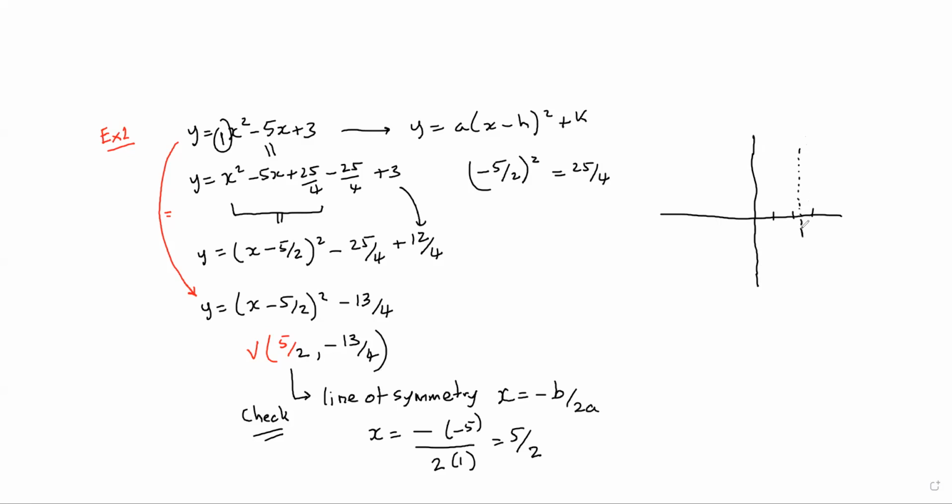So you'll get a line of symmetry here, which is x equals 5 on 2. And the y value of the vertex is minus 13 on 4. That's 12 and a quarter minus 12, 4, minus 3 and a quarter. So that's down here somewhere. So let's just write it, 5 on 2 and minus 13 on 4.